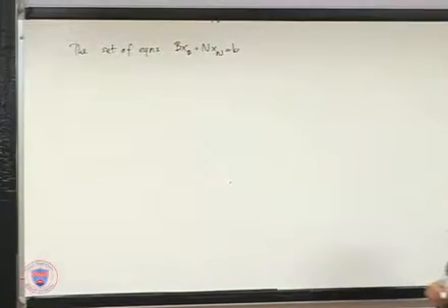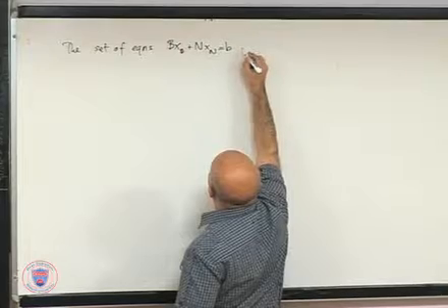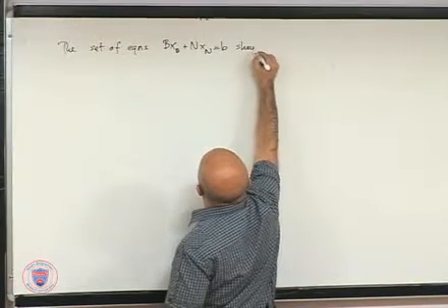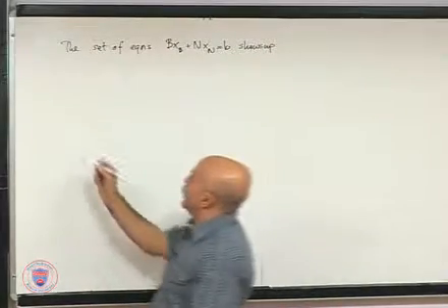So the set of equations BXB plus NXN shows up in the tableau in the following way.